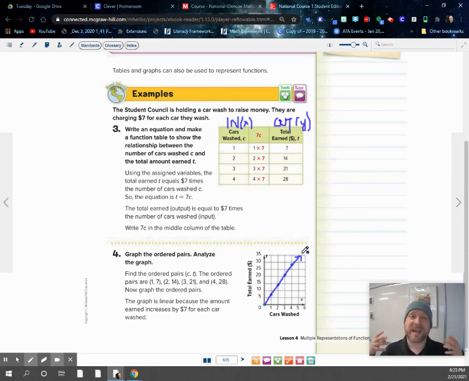So we can show those as an equation. We can show those in words like we did in the last 2 problems. We can just write out basically that equation using words. We can show it using a function table, which will take our rule and then show all of the inputs and outputs. And then, of course, we can graph those on a coordinate plane to show our function visually. That's what you're going to be doing today for your guided practice and your independent practice.